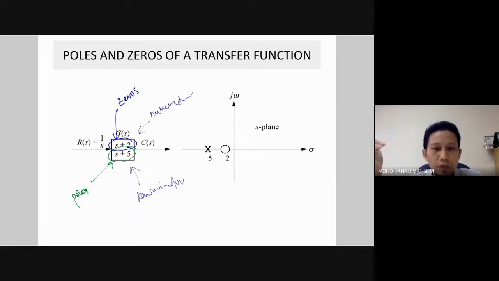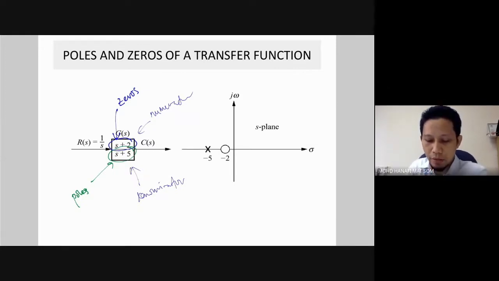When we plot on the S-plane, we represent the poles with the symbol X over here, and we represent the zeros with the symbol of a circle over here. Okay, at negative 5 and negative 2.